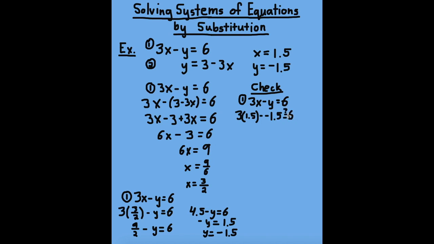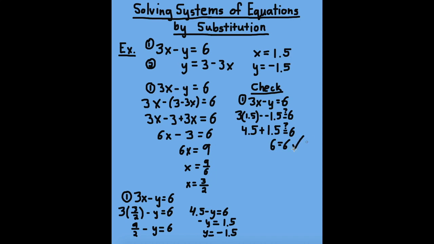And I put a question mark above the equal sign because we don't know if it's correct just yet. 3 times 1.5 is 4.5. So 4.5 plus 1.5 is 6. We then get 6 equals 6, which is correct.